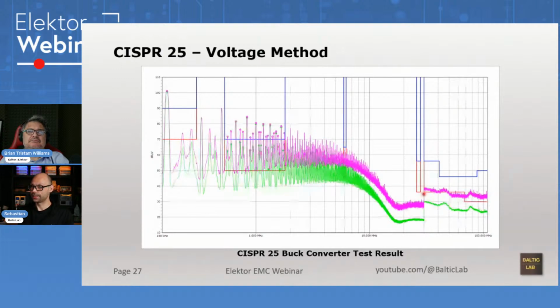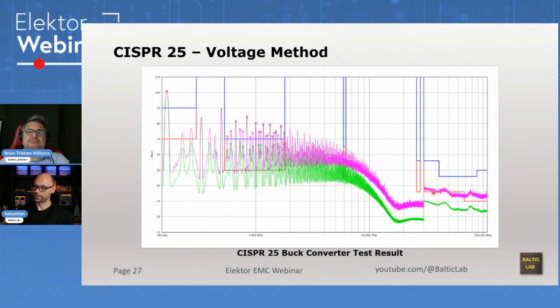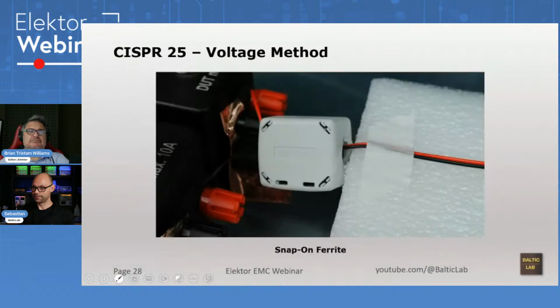And here at 30 megahertz, it jumps to 120 kilohertz. More bandwidth, more noise. So this jump is simply due to the measurement setup and not because of real inherent noise increases. Anyway, we're way above the limits, and now we need to fix it.